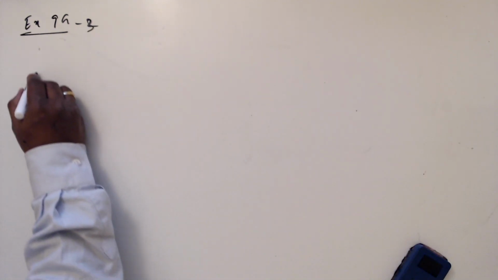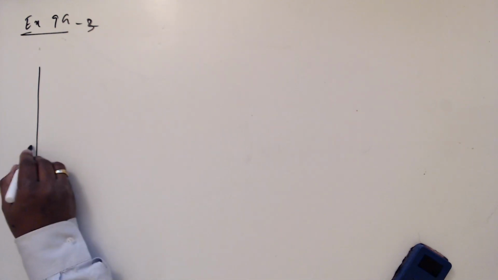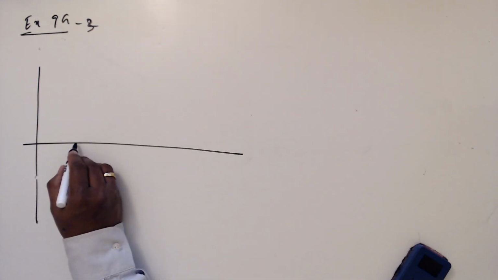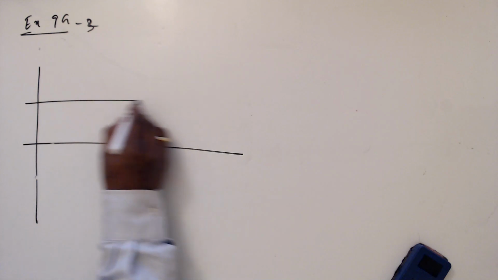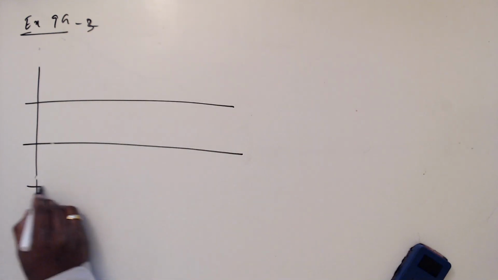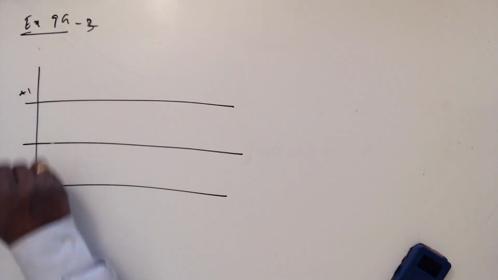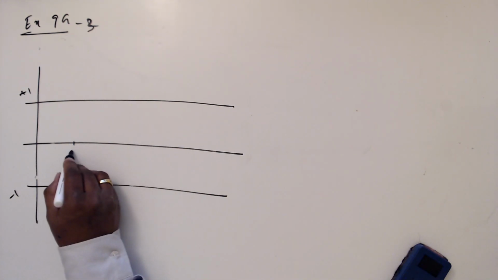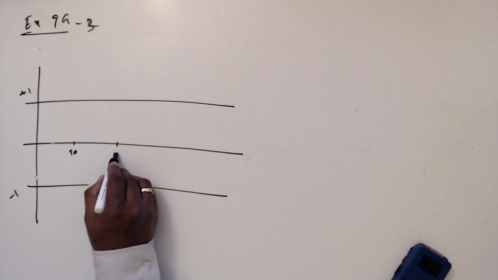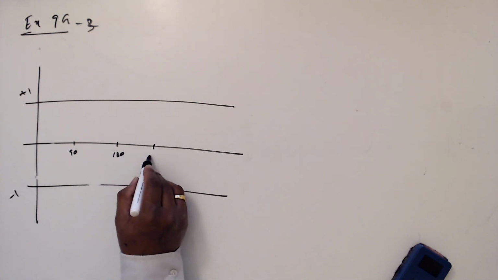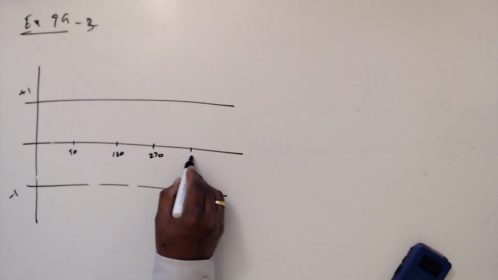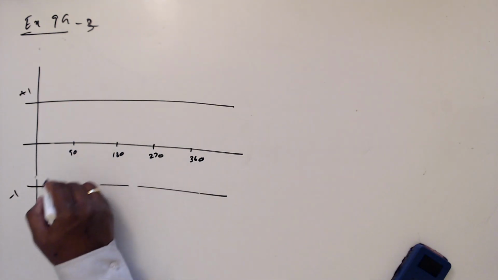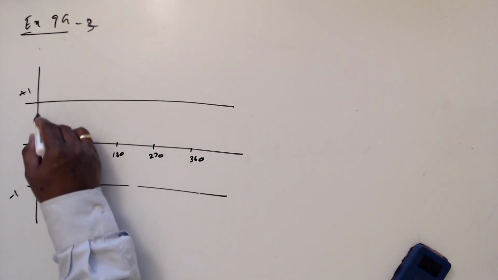Question number 3. This is plus 1, minus 1, 90, 180, 270, 360. So the cos graph starts from here.